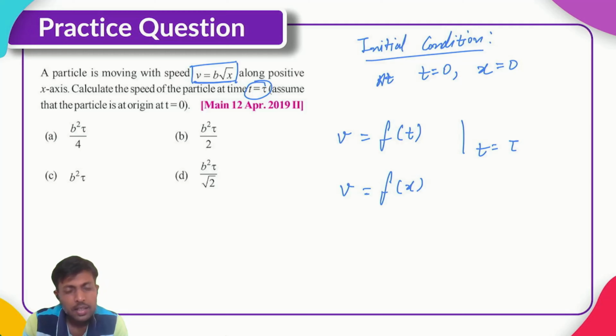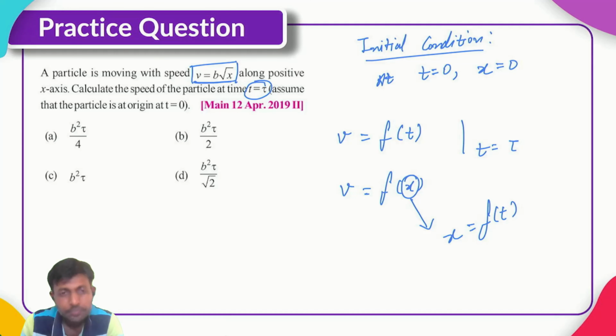The answer is, if somehow we could find out how x looks as a function of time, then things would be sorted for us. So that's what we are going to do. We're going to try to express x or displacement as a function of time. Let's see if we can do that.